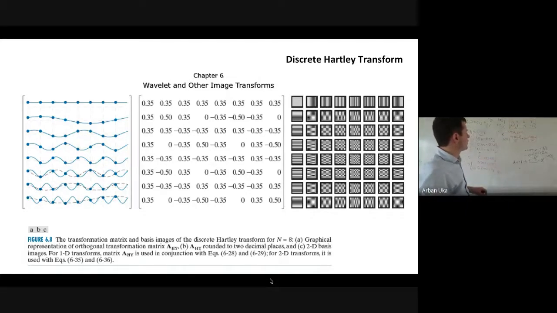It's a summation of cosine and sine, and as an operator it's strange because the sine and cosine are shifted with respect to each other by pi over 2. If we plot the cosine and the sine and add these functions together, we observe some strange features. This can be observed even in the second line of this matrix, because cosine at 0 is equal to 1, and sine at 0 is equal to 0.